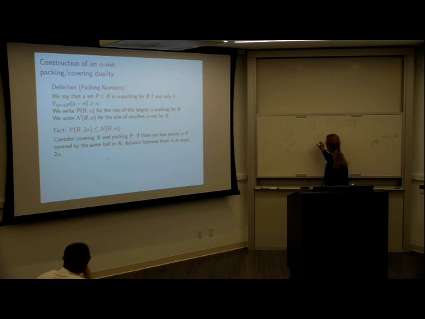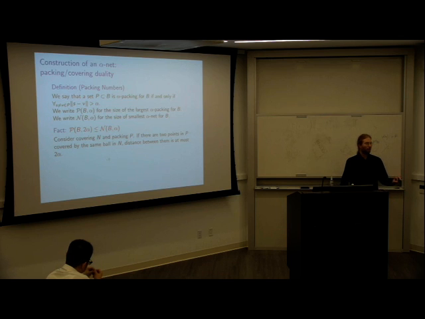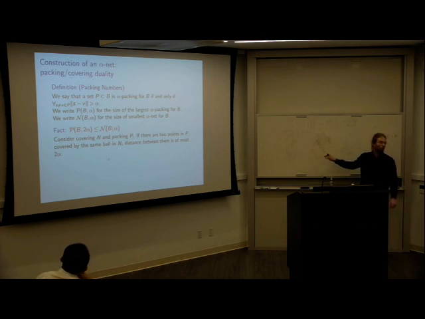So if I have a covering with n balls, then I couldn't possibly pack more than n points that are 2 alpha away from each other, because if I tried to pack more than n points, then at least 2 of them would fall into the same ball here, and if they fall into the same ball, by the triangle inequality their distance is at most 2 alpha.